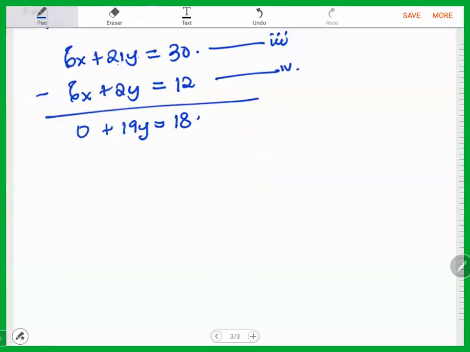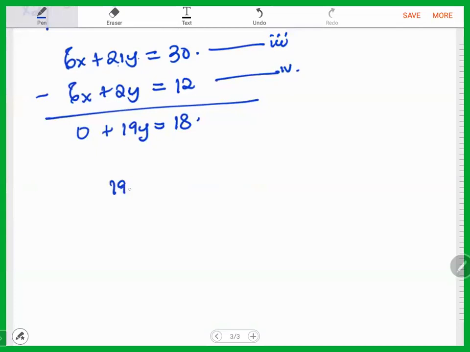So I have 19y equals 18, divided by 19 on both sides. When you have this, y is equal to 18 over 19.